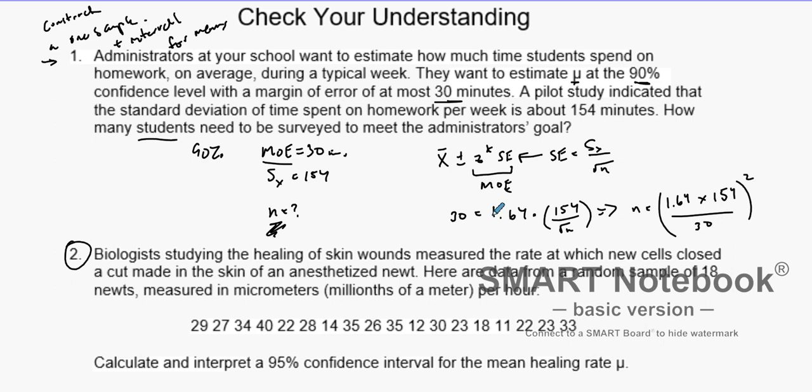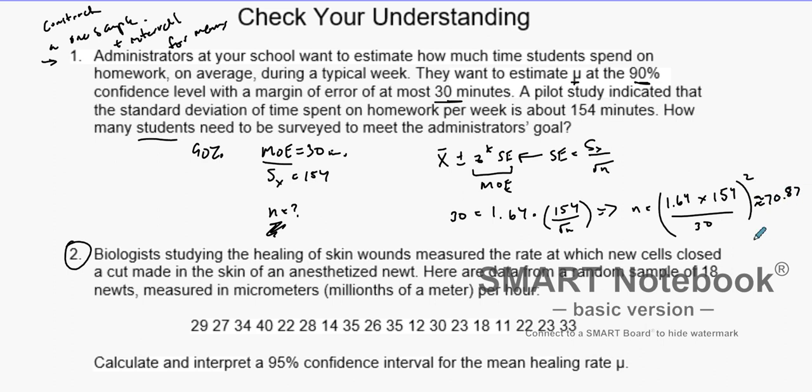If you did this algebra to solve for n, cross multiply, divide through, and square it, you put it in your calculator and we should have approximately 70.87.